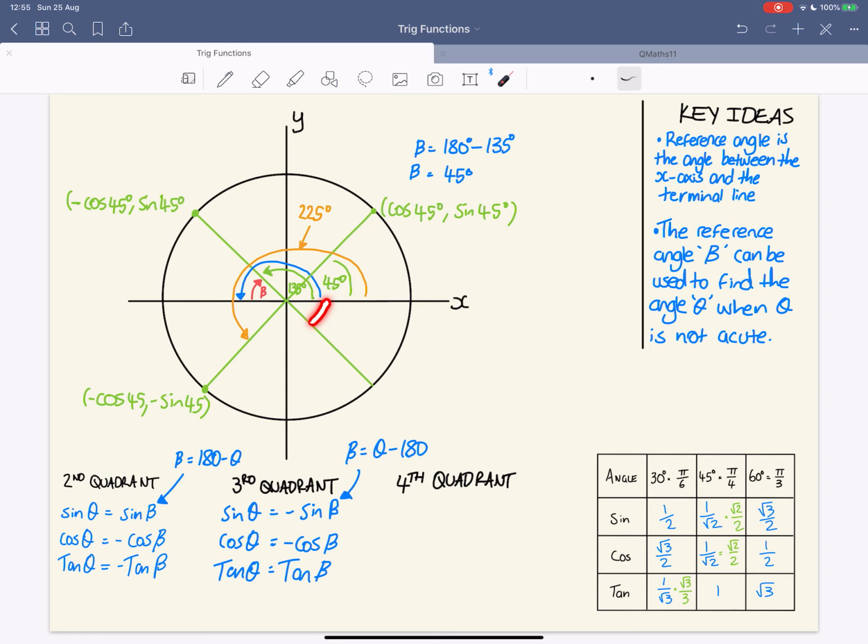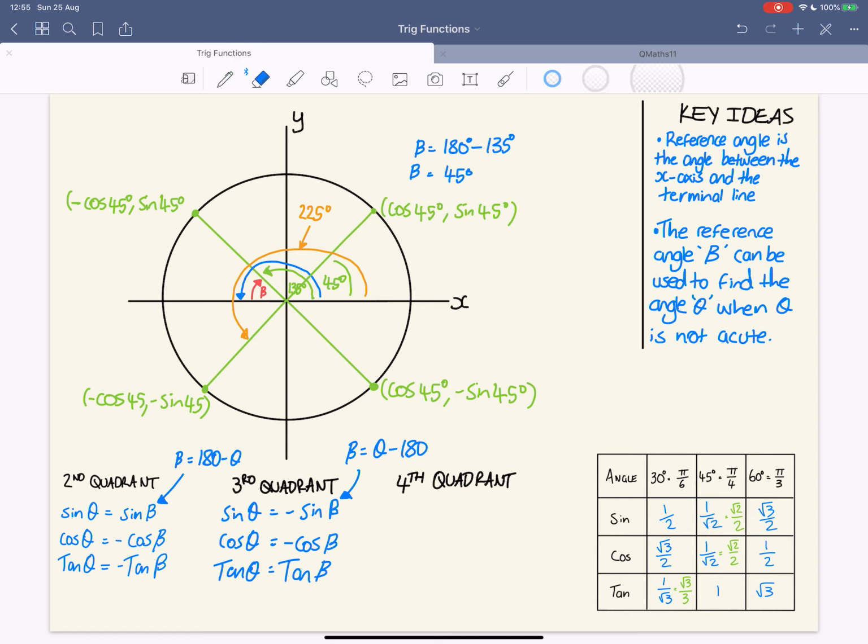Now, if we were to label just the size of that angle there, let's think about it, how far do we have to go across our x-axis? We're going in the positive direction here, aren't we? So it's positive cosine theta, but we have to go down for sine theta, so that would make it negative sine theta. So cosine of 45 degrees, negative sine 45 degrees. Okay, that's the reference angle there.